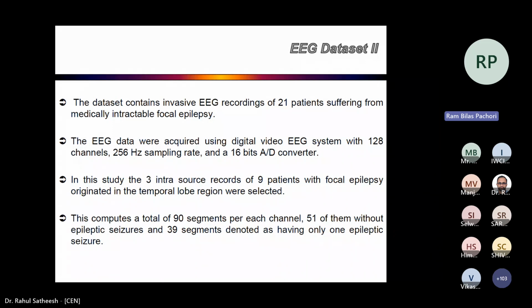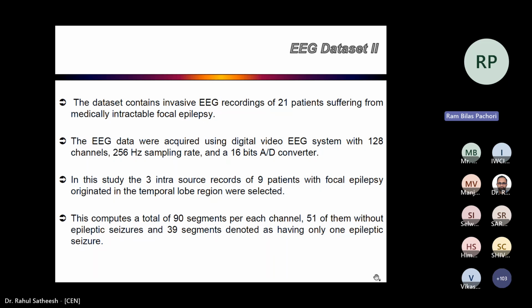In order to have surgery, you have to identify the region of the brain where the surgery can be carried out, and signal processing and machine learning techniques play an important role, so you can accurately identify those regions. Our group has done some work to identify focal and non-focal regions based on the signals, which is not included in this talk, but you can see our other papers for the same.